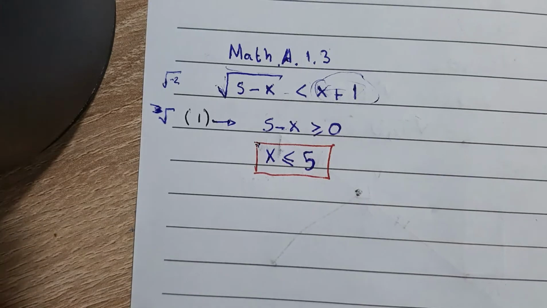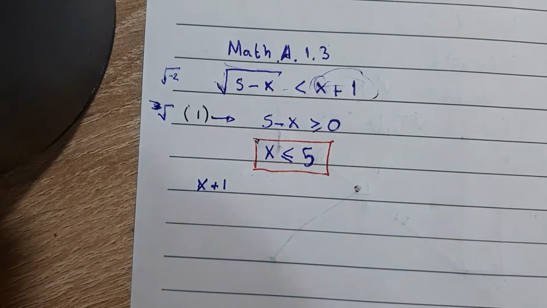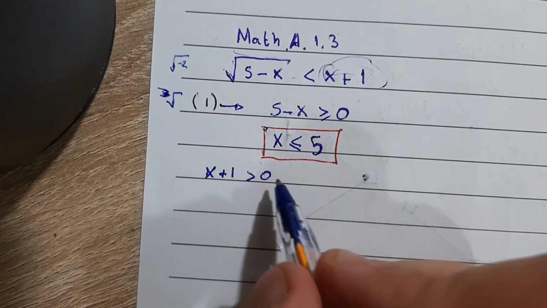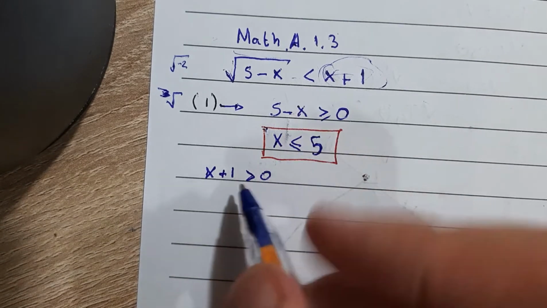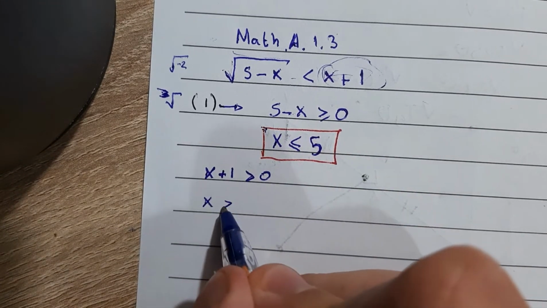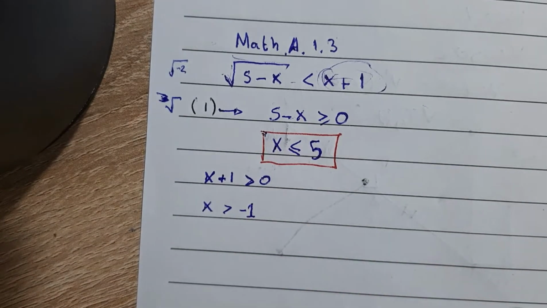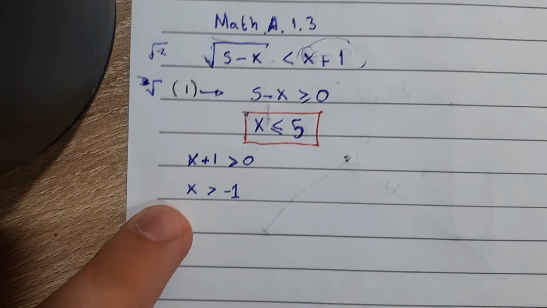So you need to say that x plus 1 is bigger than 0. Not bigger or equal, because here you don't have equality. So x is bigger than -1. This is our second thing to prove.